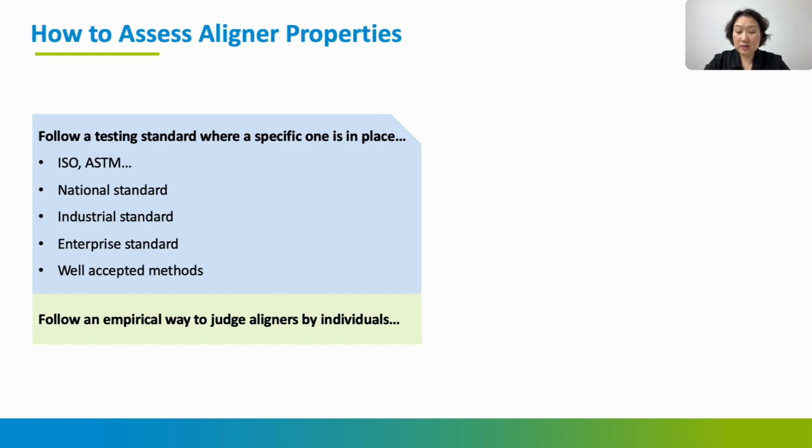The rule is to follow a standard where a proper one is in place, for example, the ISO standard, ASTM standard, industry standard. In reality, quite often we see aligner producers also apply empirical methods for quick judgment. Some empirical methods will be shared in a short video as the last part of this topic.